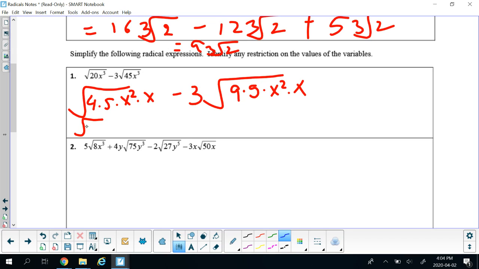So I can write them as square root of 4, square root of 5, and square root of x squared times square root of x. Okay, and in the second term also, I can write all the radicands separately.